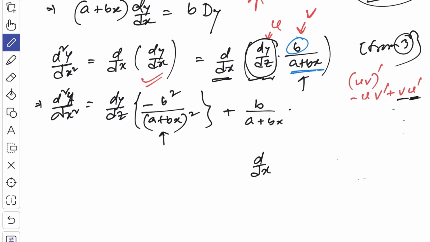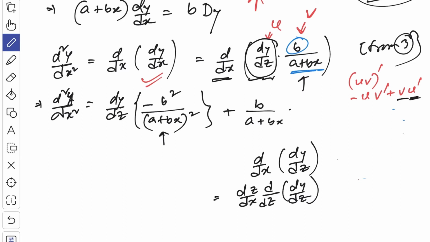So d by dx of dy by dz, this d by dx can be written this way: dz by dx, d by dz, right, and dy by dz.